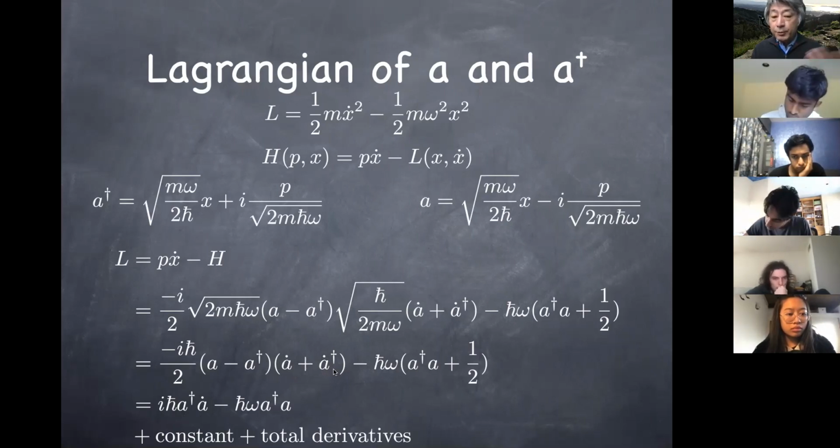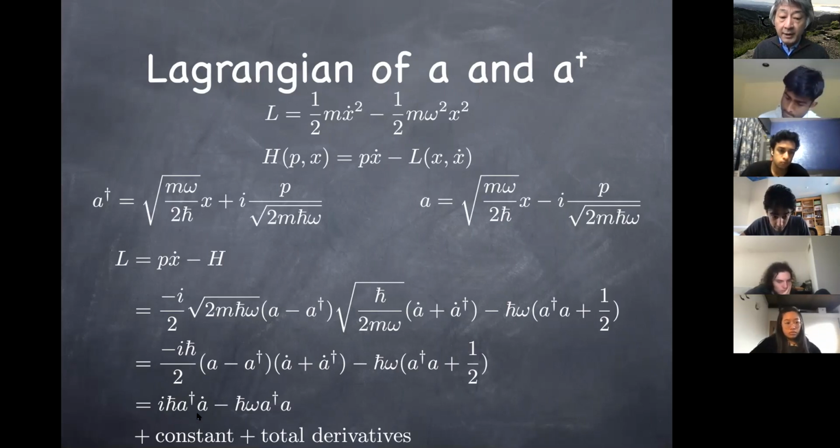But because I'm allowed to drop total derivatives, I can do integration by parts to let this time derivative on A dagger act on A instead. That gives me the same term, that's the other half, so the entire first term is now reduced to i h bar A dagger times A dot.